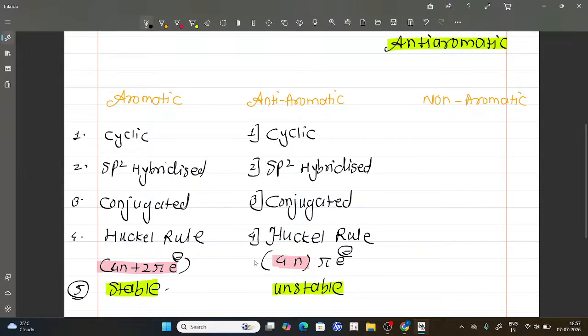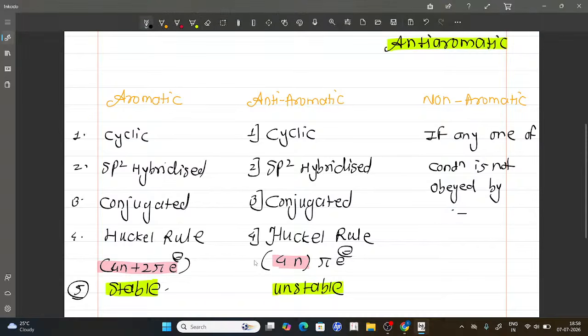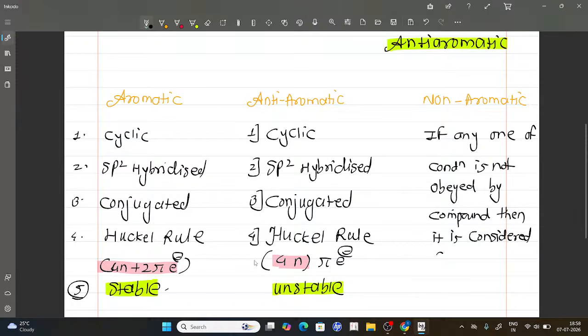So if any one of the conditions is not obeyed by our compound, then it is considered non-aromatic. We call them non-aromatic compounds, and non-aromatic compounds are also stable, somewhat stable compounds.